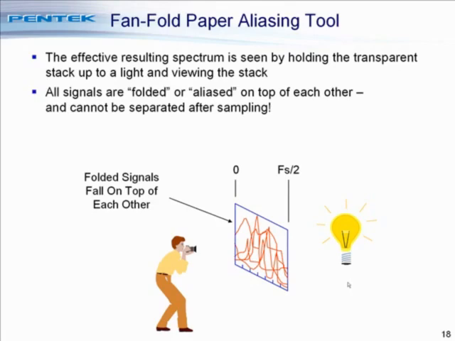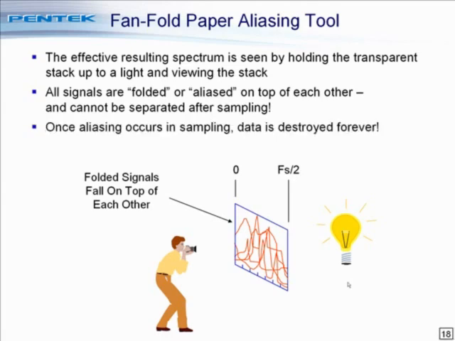So you can see that by looking at this mess in the folded image, you can't tell which page or which Nyquist zone any of those signals in red came from. And that's the problem with aliasing. Once aliasing occurs, the data is destroyed forever. So it's really important to sample data correctly and to avoid aliasing or to do it in a very responsible way.